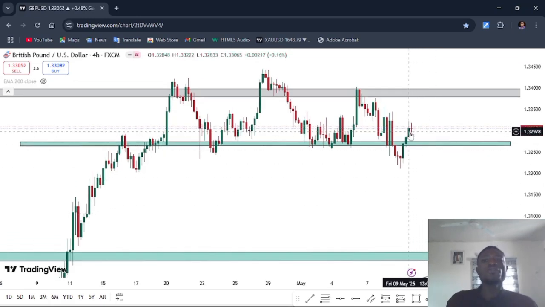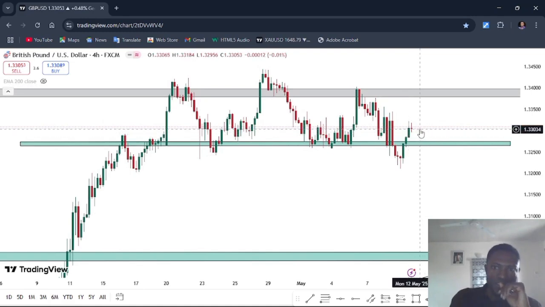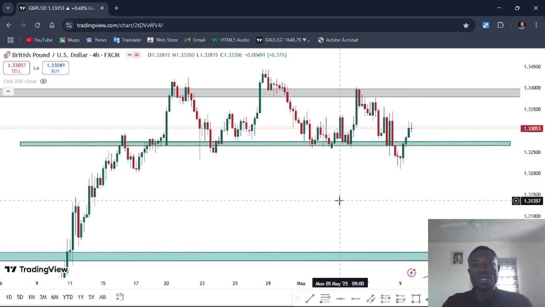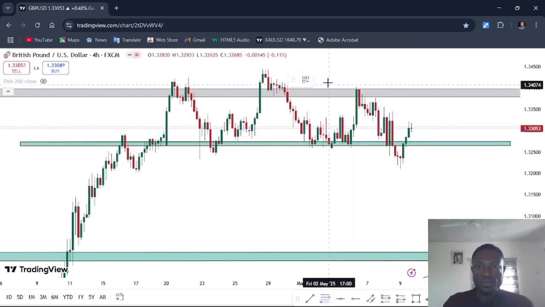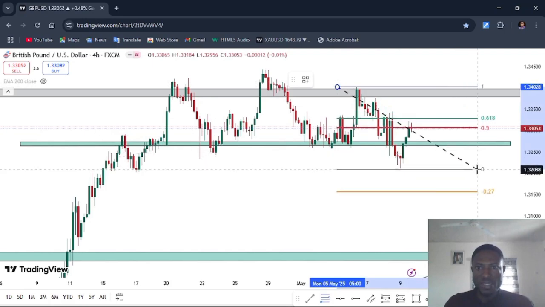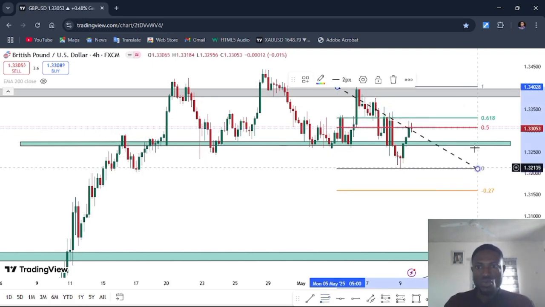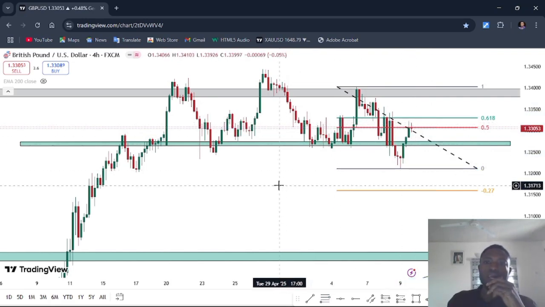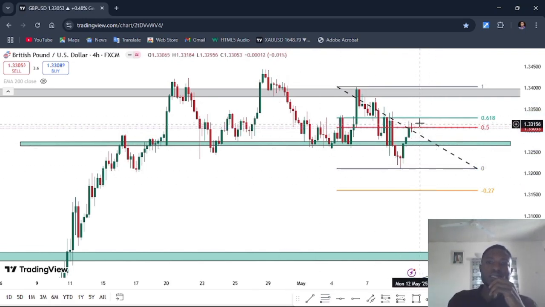If I'll be going in for a sell, if price should take out this bar, because right now I see price coming back into our 0.5 and 618, into this golden zone. I can see price coming back into this golden zone, and I'll only be interested in this market.